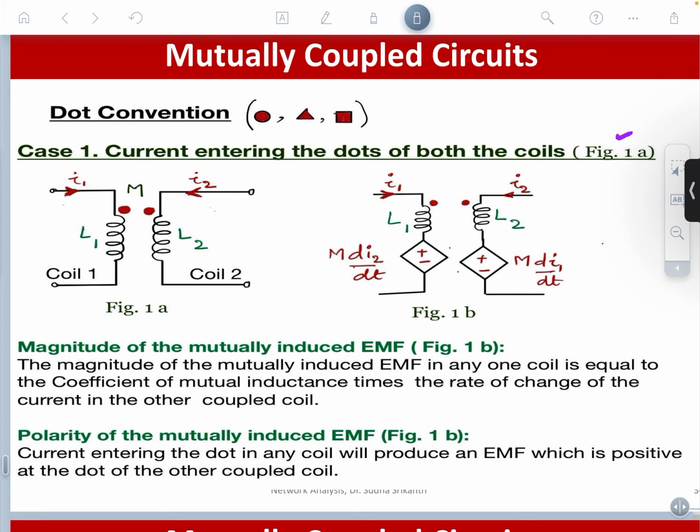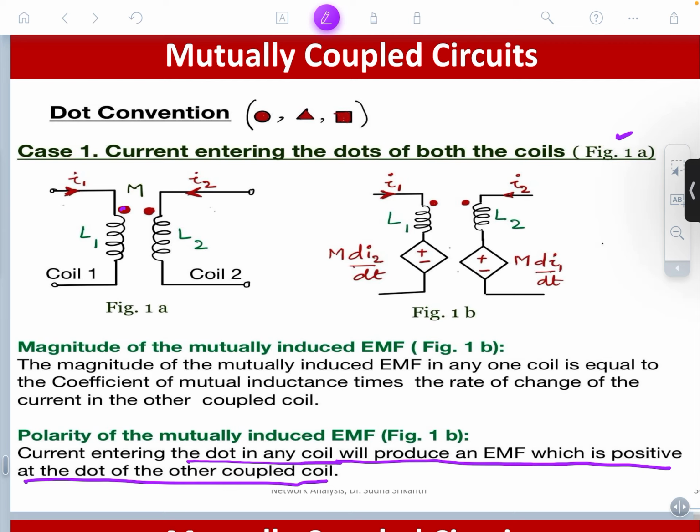Now, if this is the case, how do we determine the polarity? According to the dot convention, it indicates that the fluxes are aiding each other. They are additive fluxes. Hence, if the current enters the dot in any one coil, it will produce an EMF which is positive at the dot of the other coupled coil.